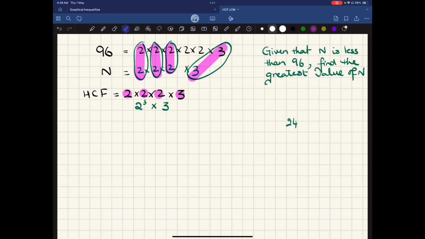Now, we can add prime numbers to n. So n is 2 into 2 into 2 into 3, and we can add anything else to n as long as n does not exceed 96. It is a prime number, and no new loop is being formulated, right?